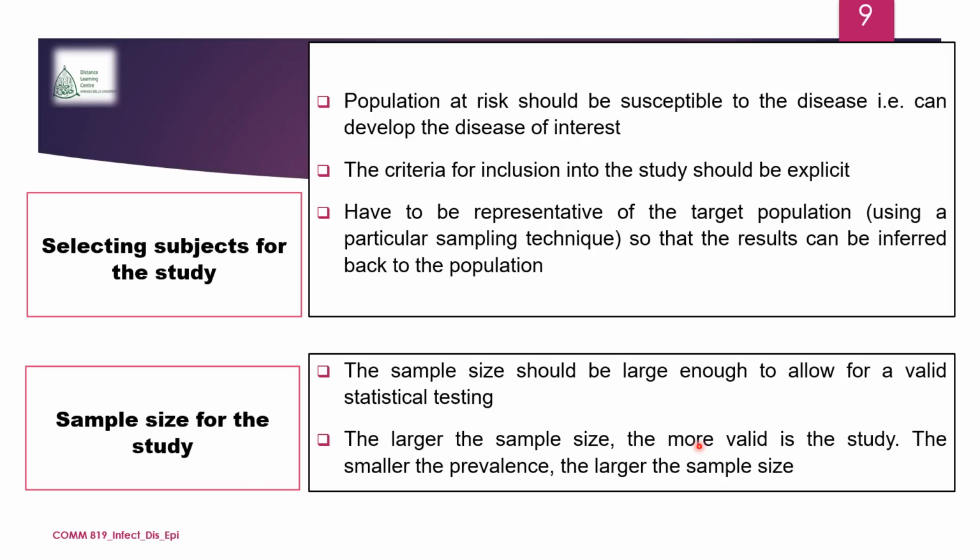For instance, to come up with a sample size, you need to do sample size calculation for any epidemiological study. You don't just go and begin to randomly pick people. You need to do your calculation of sample size, and it is usually based on the prevalence of a particular disease.